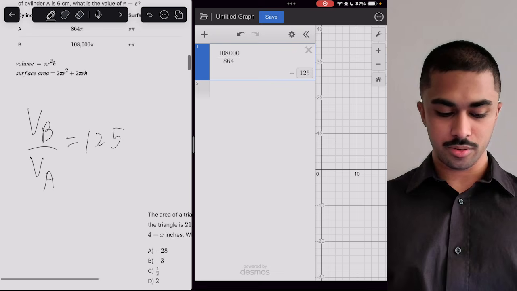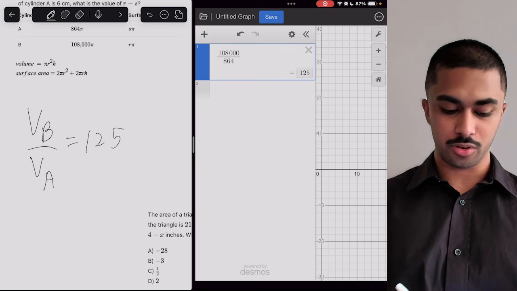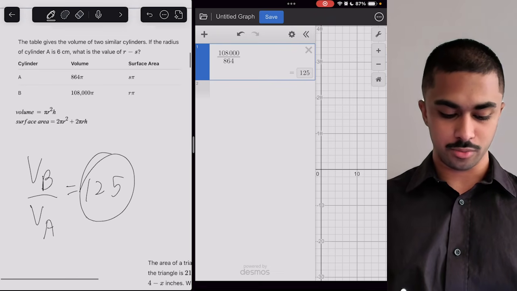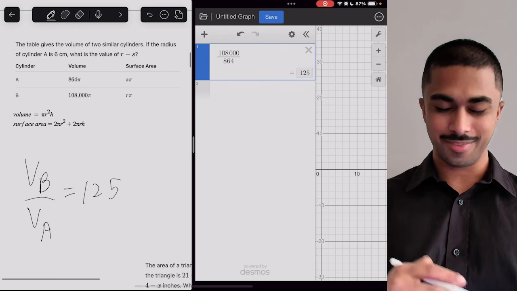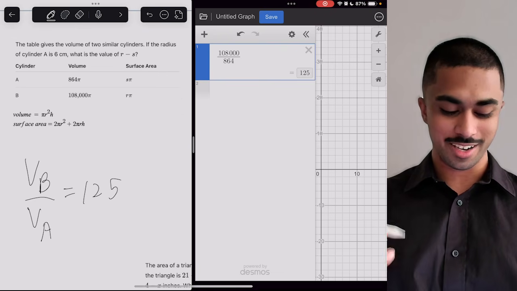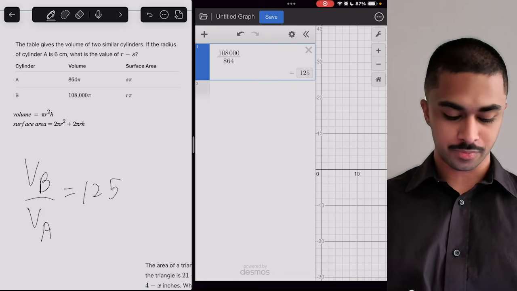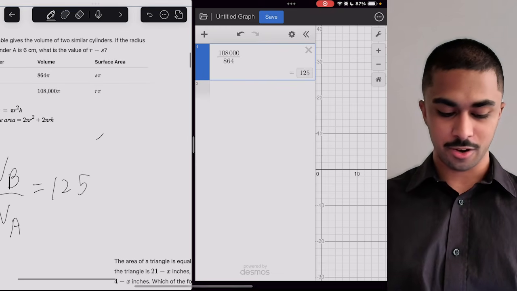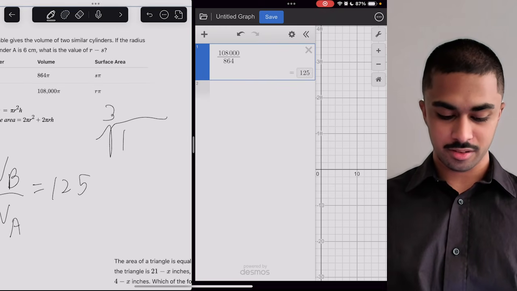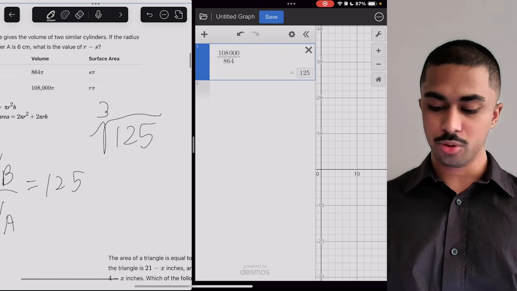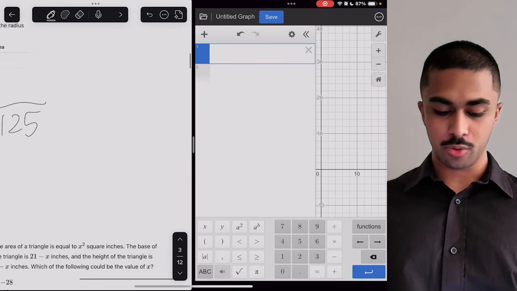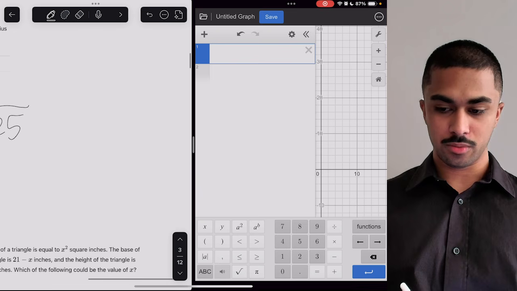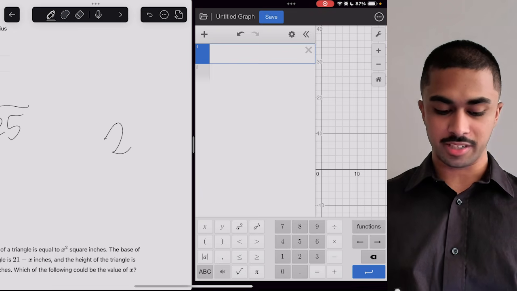What we want to do is, since we're dividing the volumes, let's go back to the cylinders, right? The volume of cylinder B is 125 times larger, meaning the scale factor has to be the cube root of 125. Do you remember when we had the example where it was 27?